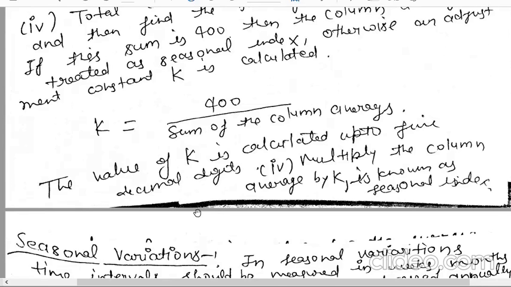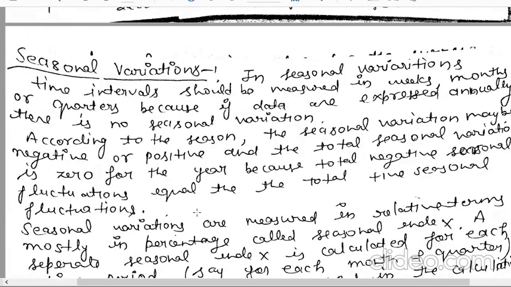Now, what are seasonal variations? In seasonal variations, time intervals should be measured in weeks, months, or quarters. We can measure our variation in weeks, meaning first week, second week, third week, fourth week. Otherwise, we can measure the variation quarterly, or monthly, right?